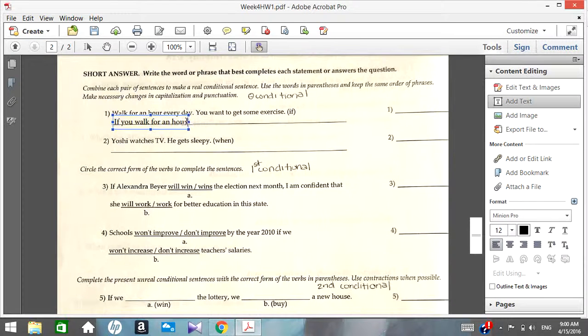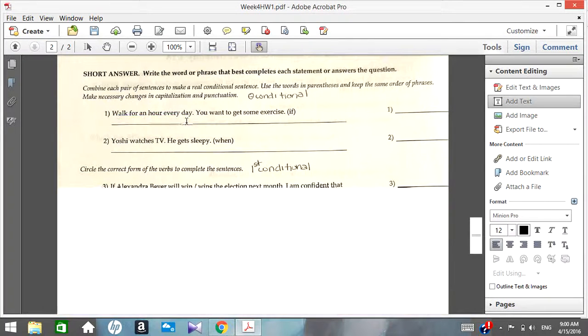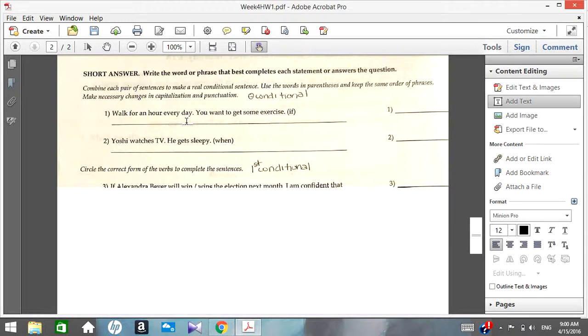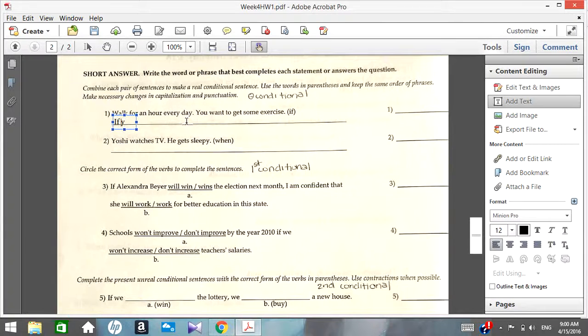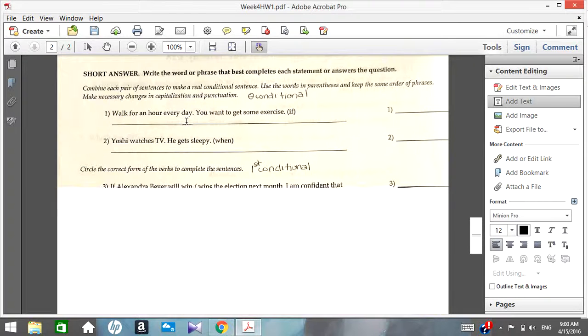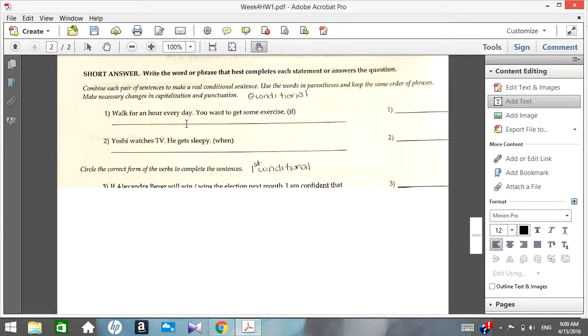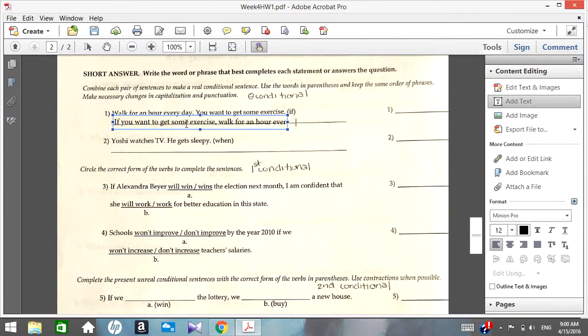This is so irritating. If you want to get some exercise, walk for an hour every day.